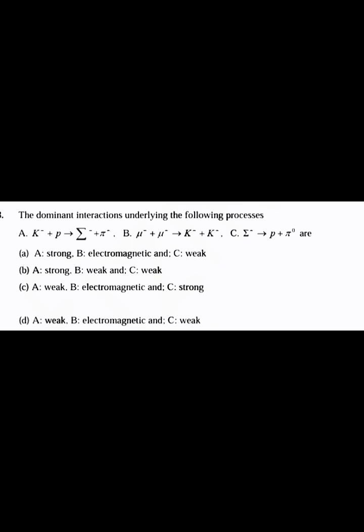The next question is, the dominant interactions underlying the following processes: A is K minus plus p gives sigma minus plus pi plus, B is mu minus plus mu plus gives K minus plus K plus, and C is sigma plus gives p plus pi 0 are dash. So here the first reaction is K minus plus p gives sigma minus plus pi plus.